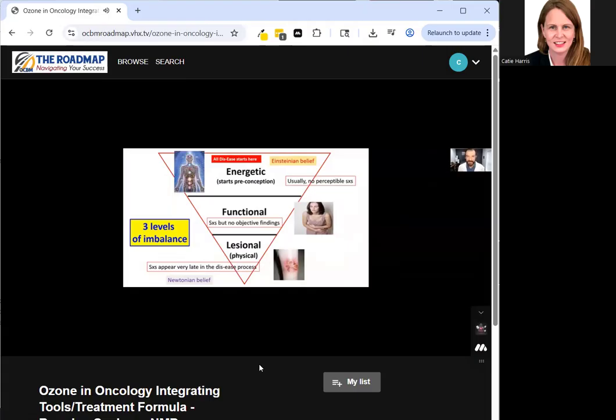Now, I want to remind you of this because most of the time we're focusing in on the lesional aspect, the physical presentation. And it's such a small part of the picture. Again, when a person comes in, this isn't cancer that we're focusing on. This is a person that happens to have cancer, and likely they're going to have other things.